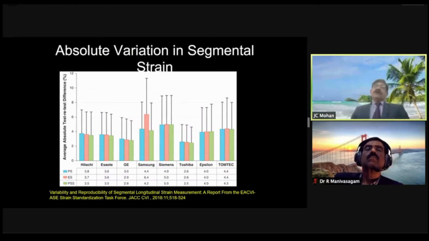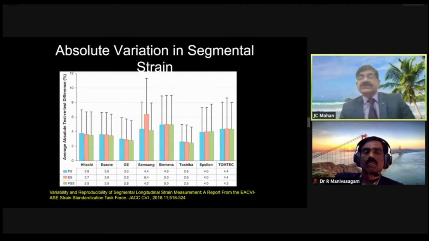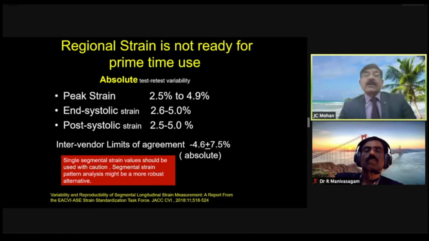However, the same thing is not true for regional strain, because the data shows large variations in regional strain among various vendors, and the variation is in absolute terms 3 to 6% for various regions, and hence if you look at peak strain or end systolic strain or post systolic strain, regional strain can vary as much as 5%.